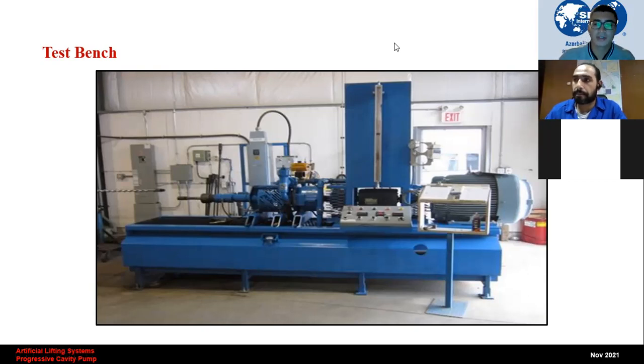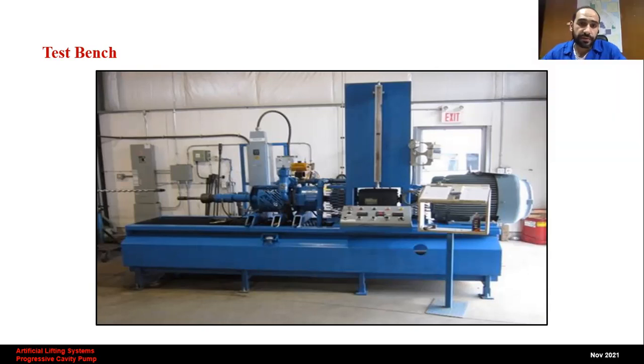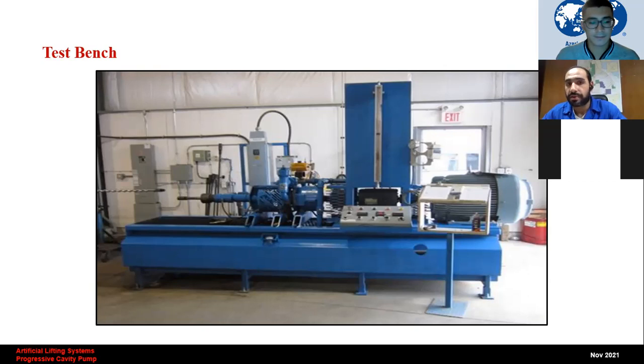There are several questions in the chat box. Okay, first question from Ali. He asks, is there any environmental impact on PCP? For sure. Some rubbers are sensitive to H2S, some others are very sensitive to high aromatics, some others are sensitive to high temperatures.